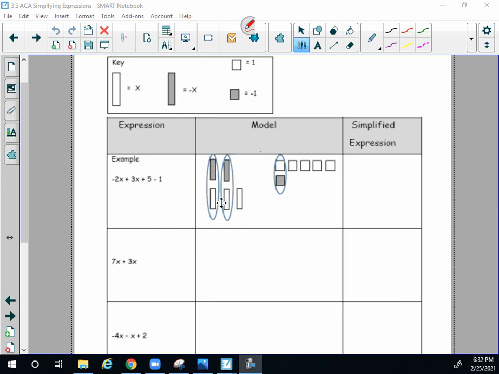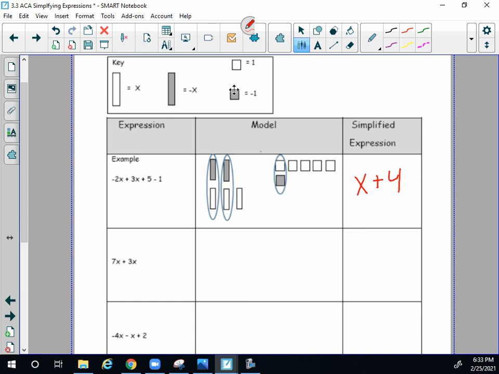And if you notice, we have all of these zero pairs which cancel each other out, and we are left with 1x and 4 1s plus 4. So this whole expression that they gave us here can actually be simplified down to x plus 4.